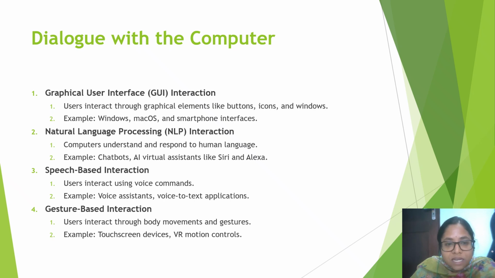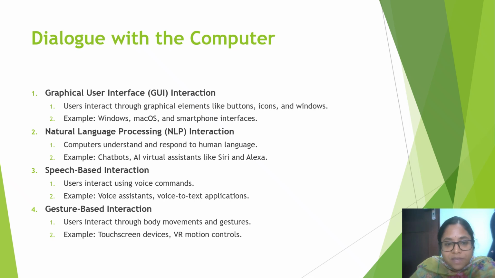Computers can understand and respond to human language. Examples are chatbots and AI virtual assistants like Siri and Alexa, where we can interact with computers in human language and also receive responses from them.